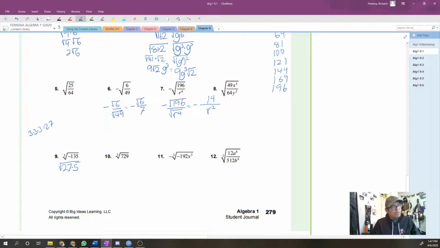When I simplify this radical, instead of a perfect square, I'm looking for a perfect cube. So this is the cube root of negative 27 multiplied by the cube root of 5. And then the cube root of negative 27 is negative 3. These are a little more difficult to deal with, but the same rules apply except you're looking for a perfect cube.